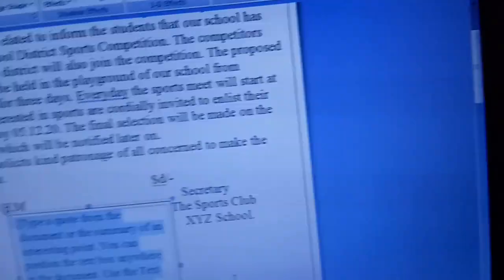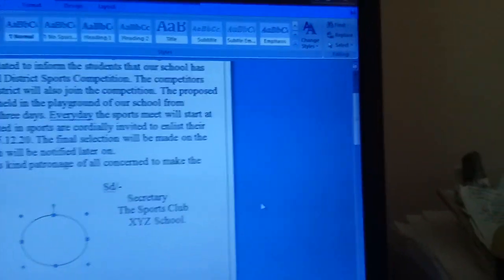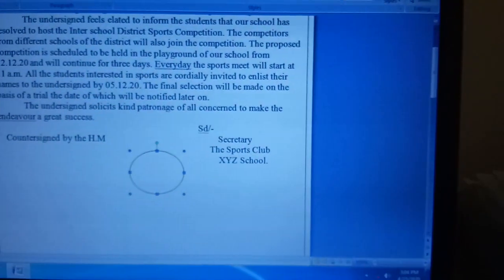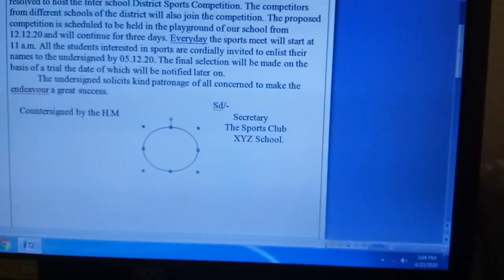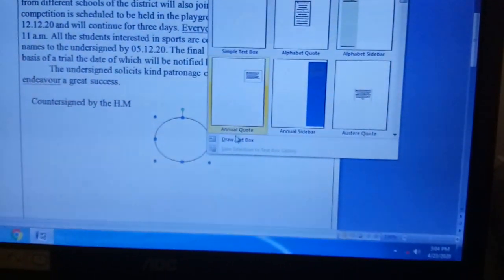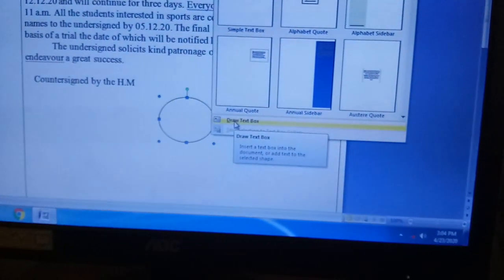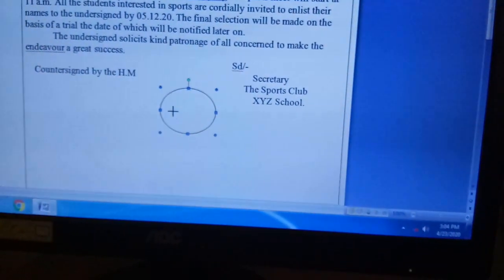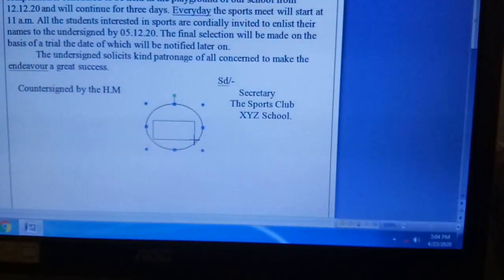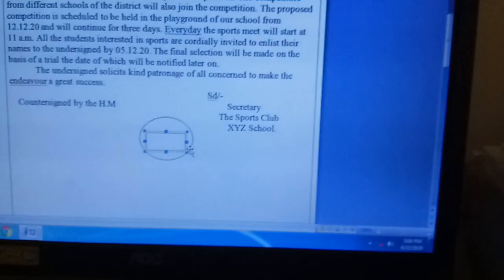Oh, just a minute. I am not quite adept in computer application. That's why here is a problem, you know.